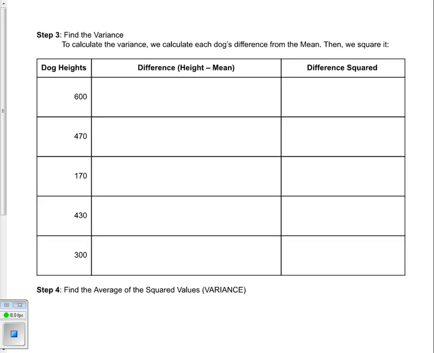Using each dog's height from the left-hand column, 600 minus 394 is equal to 206, and then we square that difference, which can be a really big number. In this case, 42,436.